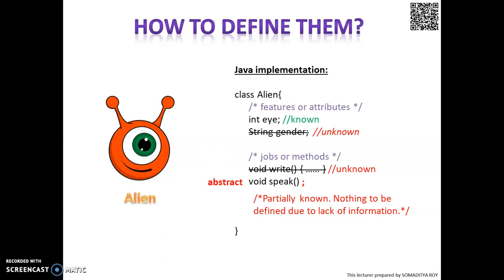So that particular feature becomes an abstract one. If a particular concept has an abstract feature, then overall that concept also becomes an abstract concept. So alien is an abstract class.